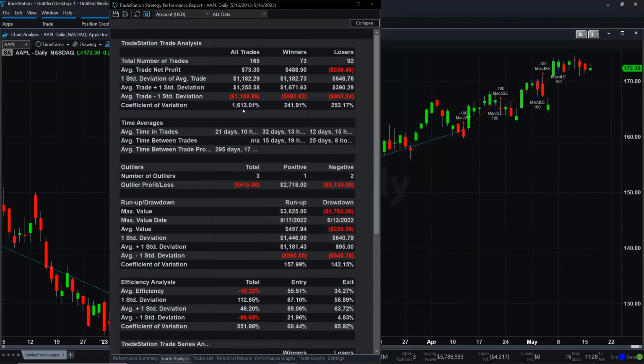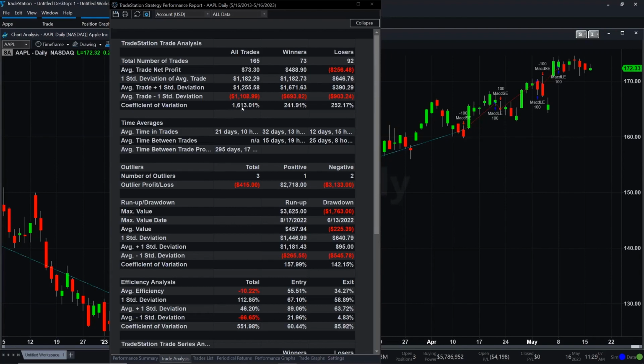Now we're not only talking about an 800% variability, we're talking about a 1600% variability. So our profits can go from a positive 1200 to a negative 1100. It does include other trades that have maybe a bigger winning amount or a bigger losing amount, and is including that into the calculation.